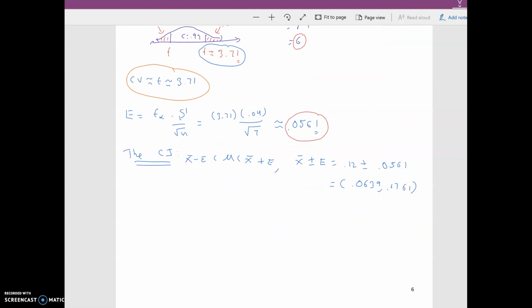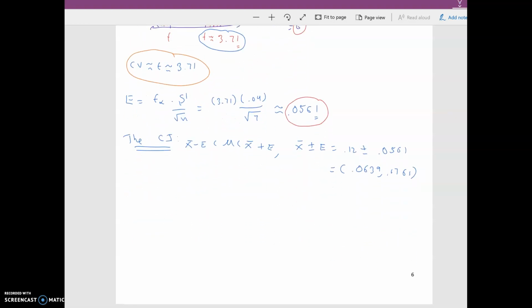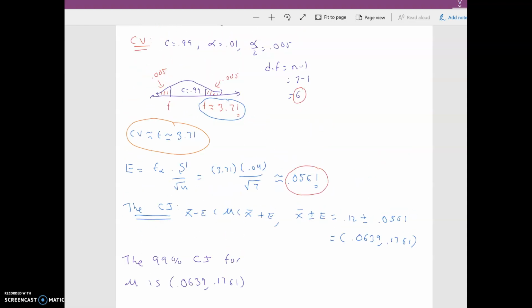So your final answer is going to say something along the following lines. Remember that you're creating a confidence interval. So this is just an interval where we may have the value of the mean, but there's a little bit of error. So you have to mention the level of the interval. In this case, we're conducting a 99%. So you would simply say that the 99% CI for mu is 0.0639 to 0.1761, and then don't forget the units.